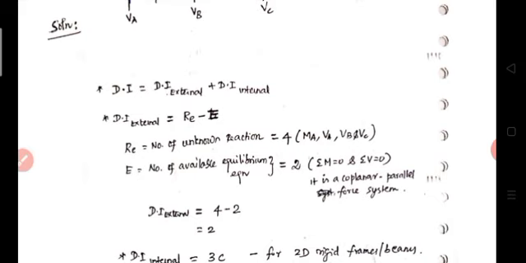External indeterminacy depends upon the support reactions, and is equal to RE, the number of unknown reactions minus the number of available equilibrium equations. The number of unknown reactions is 4: MA, VA, VB and VC. The number of available equilibrium equations is 2.